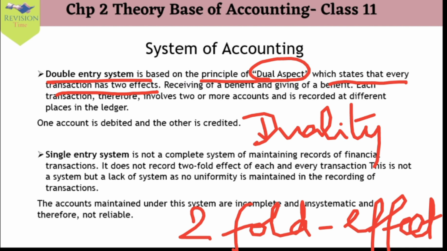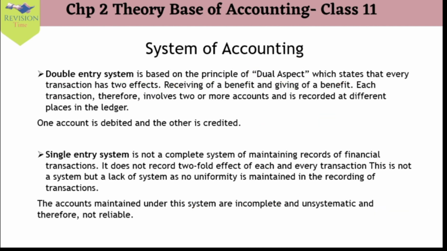Here, let us understand with an example. You are purchasing goods for cash rupees 50,000. Now, to receive those goods, you have to give something, that is, we have to give the cash. So receiving a benefit and giving a benefit is nothing but dual entry.